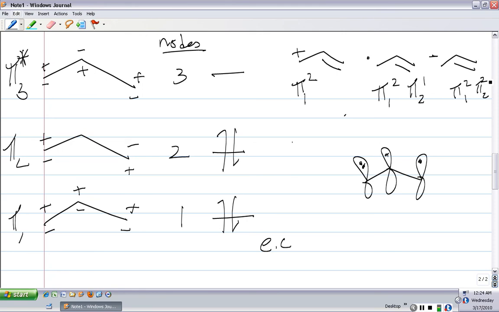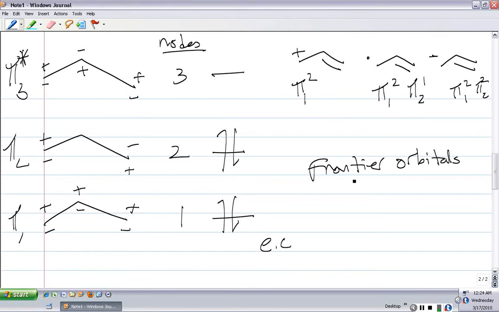You'll remember that we had some discussion back in 301 about frontier orbitals. And the frontier orbitals are among the most important orbitals in chemistry because they dictate nucleophilic-electrophilic interaction. What does that mean?